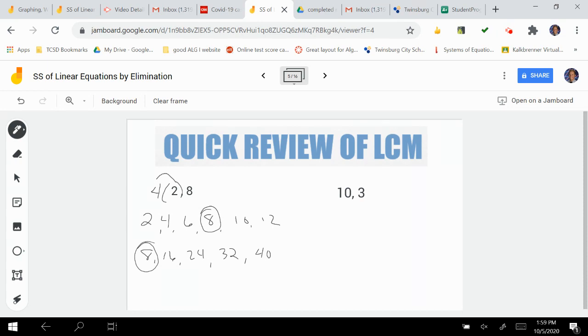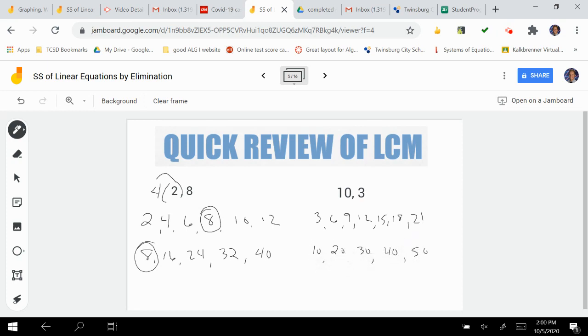Now let's do 10 and 3. We have 3, 6, 9, 12, 15, 18, 21. Hopefully we're there. If not, we'll just keep going by 3s. Now let's go 10, 20, 30, 40, 50.